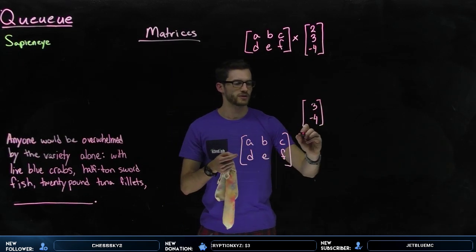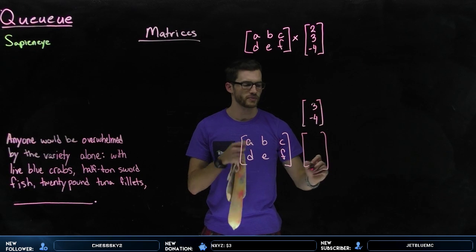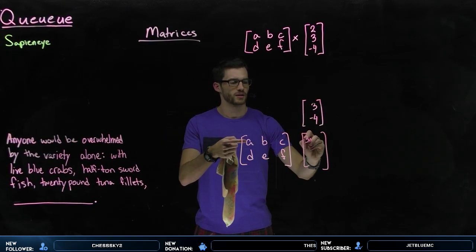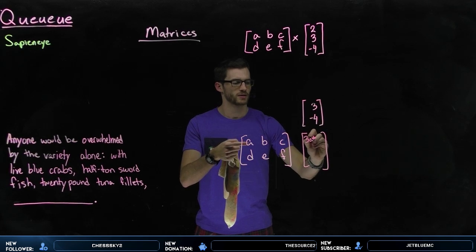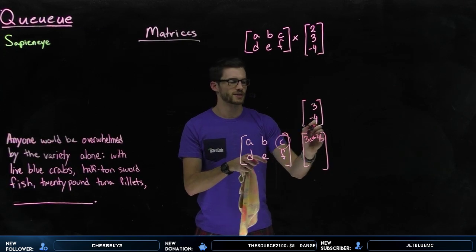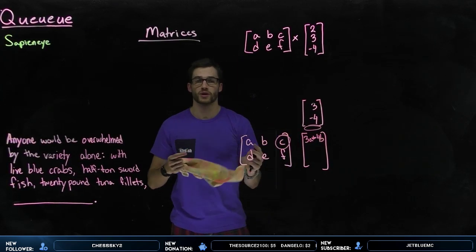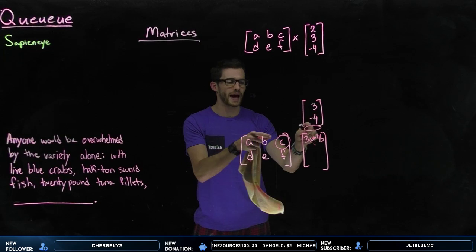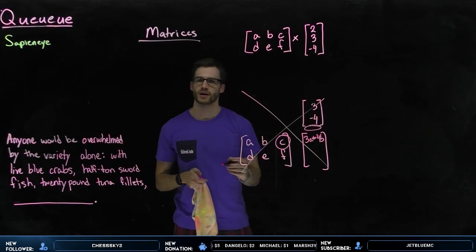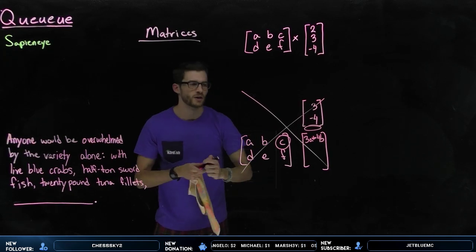We're going to try to do this, so it'll be a 2 by 1 here. So we'll do 3A plus or minus 4B, bam, bam. But then we have C, and it doesn't have a buddy here, so it doesn't work. If you don't have pairs all the way through, this doesn't work. So you can't do that multiplication. So it just shows it to you.